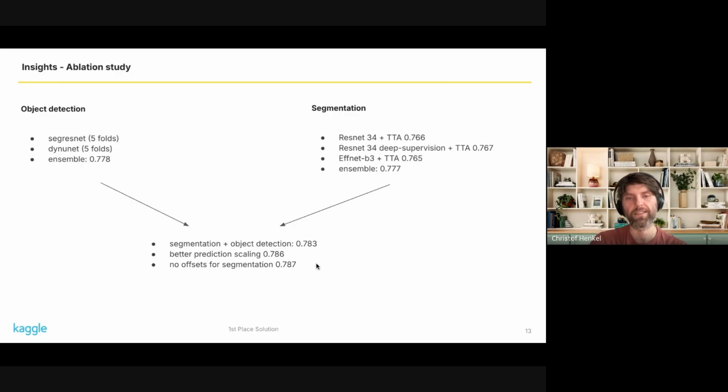Then there was a slight trick where for object detection, you need to predict not only the output feature map, but also an offset value that shifts the pixel values by a slight amount. I was not using any offsets, just 0, for my model.